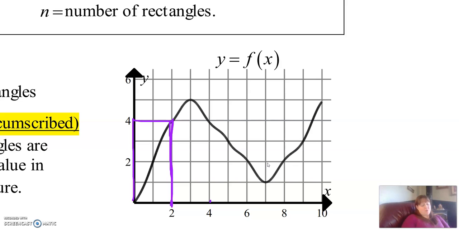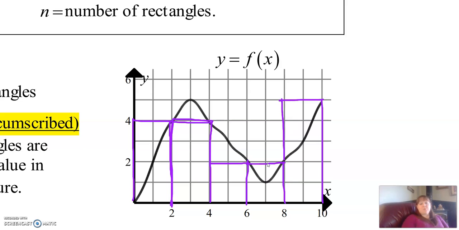So then at 4, I'm going to go up to the function value at 4, and I'm going to draw a rectangle that's the height at 4. Then I'm going to go up to the function at 6, that's the right side of my rectangle, and I'm going to make a rectangle that's the height of that right side. And then at 8, I'm going to make a rectangle that's the height at 8. I'm going to make a rectangle that's the height at 10.